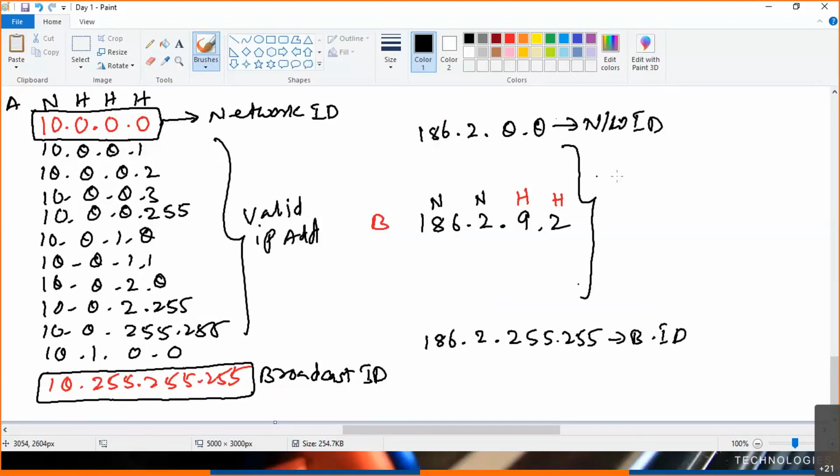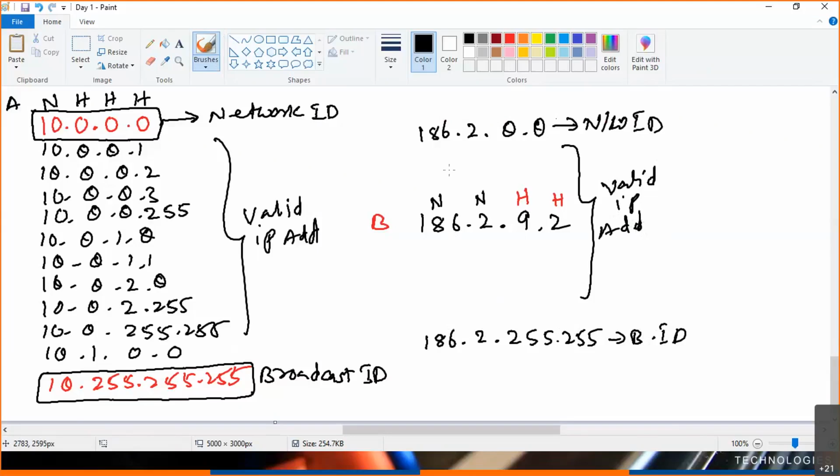Then what do we call all the IP addresses in between? Usable IDs, valid IP addresses. Can anyone please tell me how many valid IP addresses will be in between? Huge amount, right? Tell me the number.